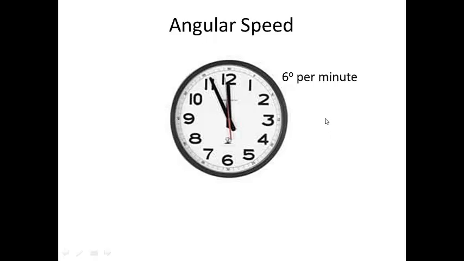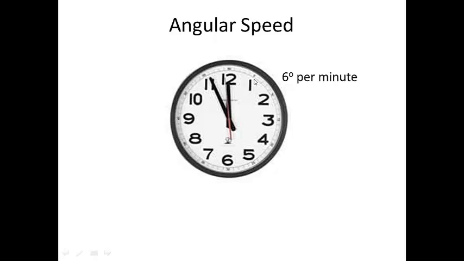Now, angular speed is how fast an angle is being moved, and the hour hand on a clock moves at 6 degrees every minute, because while the minute hand goes around one full circle, the hour hand only moves one little tick, which is 6 degrees. So it moves 6 degrees every minute.